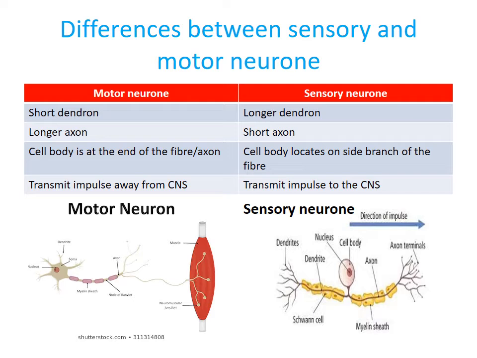When we think about the transmission of impulses, in the sensory neuron impulses are transmitted to the central nervous system, which is the brain and the spinal cord. But in the motor neuron, impulses are transmitted away from the central nervous system to the effector organ to produce the response.